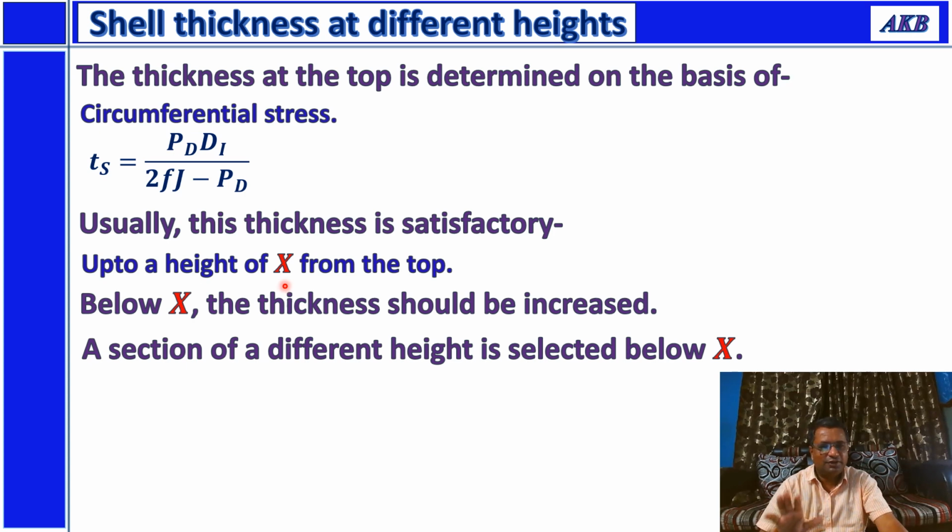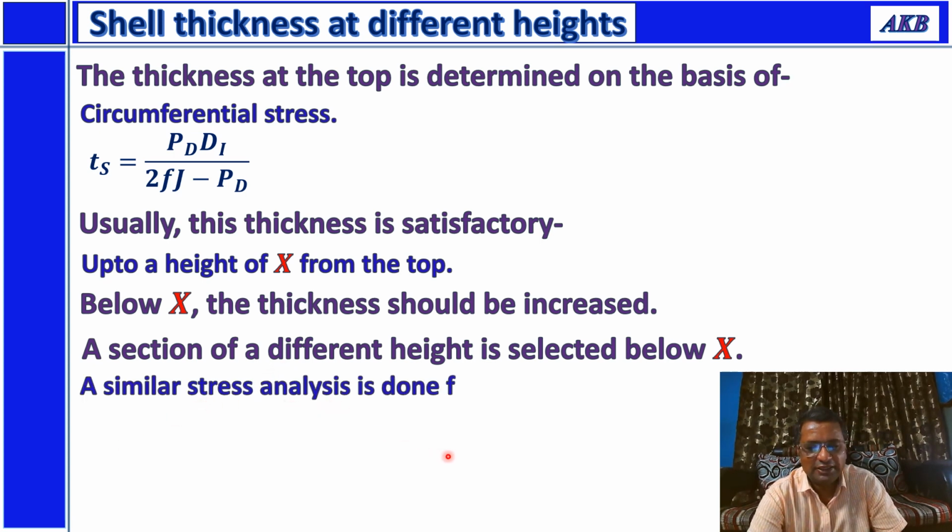Now, if the X that you get covers the entire height of the column, there is no need for further analysis. You can use the same thickness for the entire height. But if this X does not cover the entire height, then you have to again consider a different section and repeat the analysis. A similar stress analysis is done for the selected section.